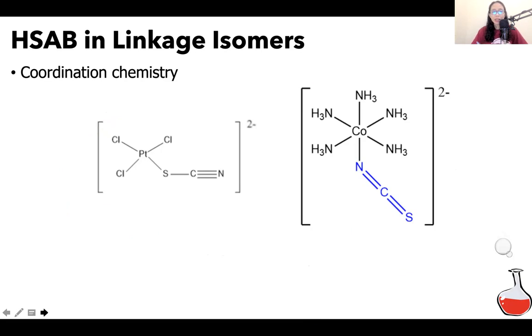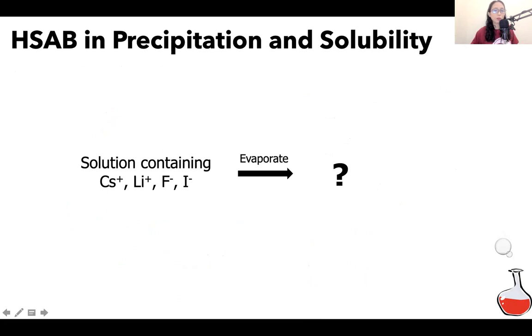Next, HSAB can also be applied in the concepts of precipitation and solubility. For example, say you have a solution of cesium, lithium, fluoride, and iodide ions dissolved in water. Let's say you evaporated the water. What are the solids that you will have after evaporating the solvent? Will it be cesium iodide plus lithium fluoride, or cesium fluoride and lithium iodide? So apply your HSAB theory. We know that cesium is a very large atom.